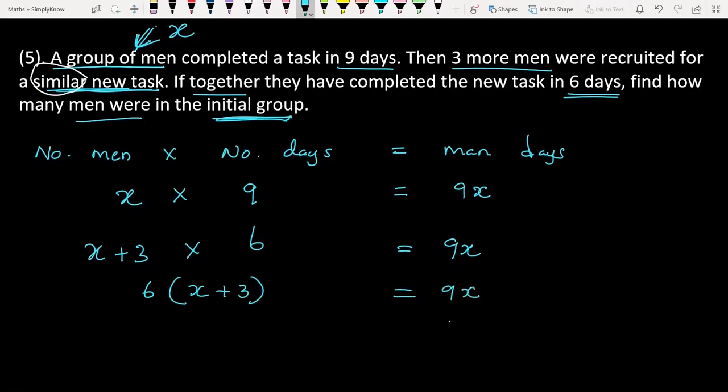Then we can remove the brackets and simplify this. 6 times x is 6x. 6 times plus 3 is plus 18. Equals 9x. So I'm going to send this 6x to the other side. 18 equals 9x minus 6x.